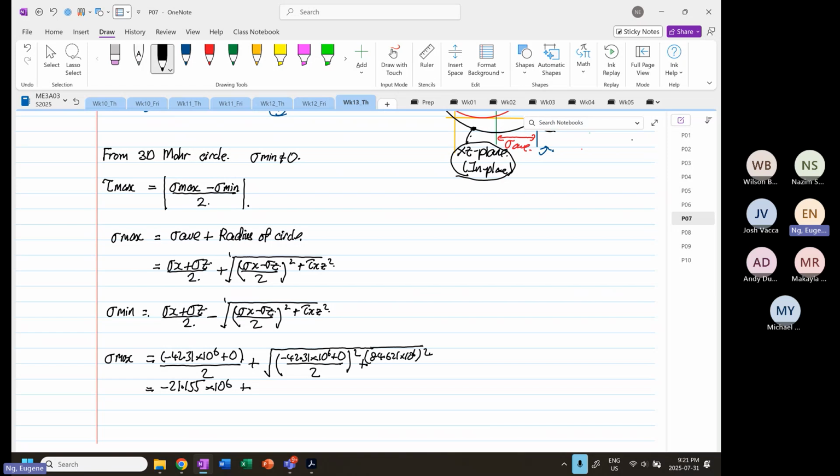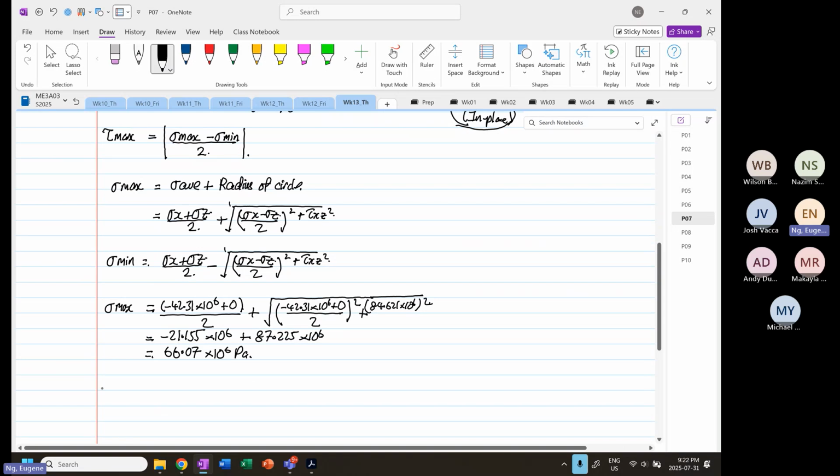Square the whole thing is 87.225. So stress max is equal to 66.07 times 10 to the power 6 Pascal.